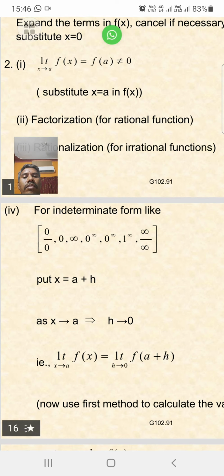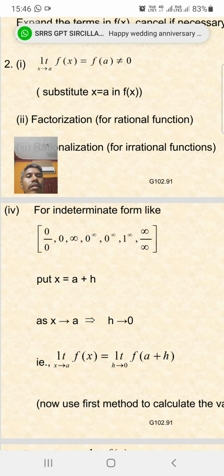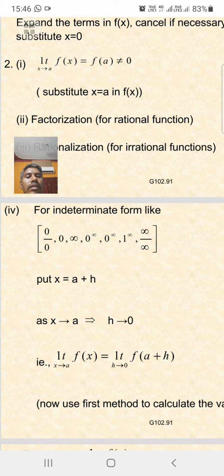Fourth one, for indeterminate forms like 0 by 0, 0 into infinity, 0 power infinity, 1 power infinity, or infinity by infinity: put x equals a plus h.